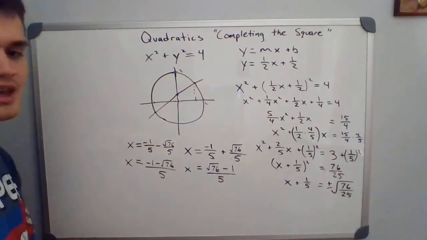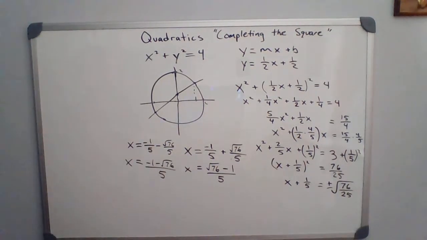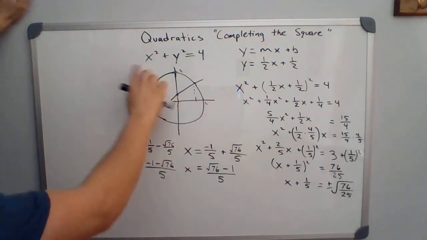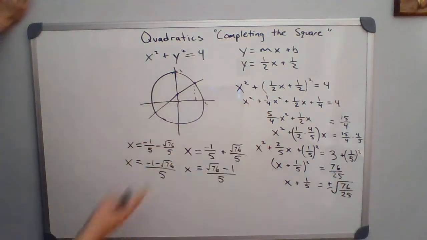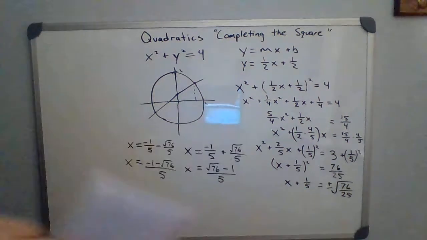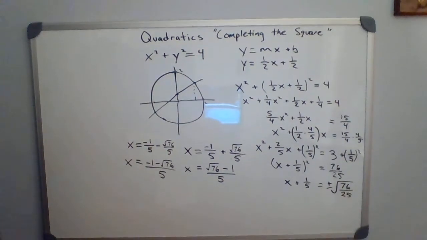I could pick numbers, or types of equations, that would give me rational numbers here. And maybe I'll do one more video in which I have something that looks better than this, but that is an example of completing the square.